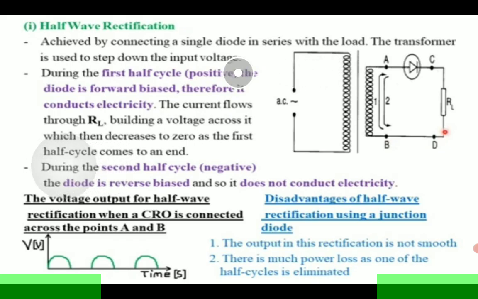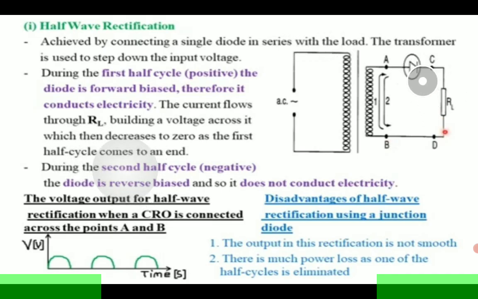So to achieve half-wave rectification, a single diode, which is this one here, is connected in the same path, in series, with the resistor. Series means in the same path with the resistor.